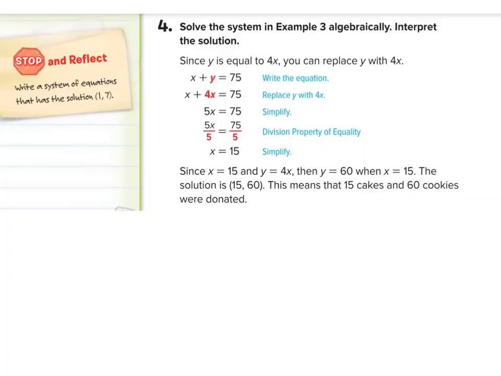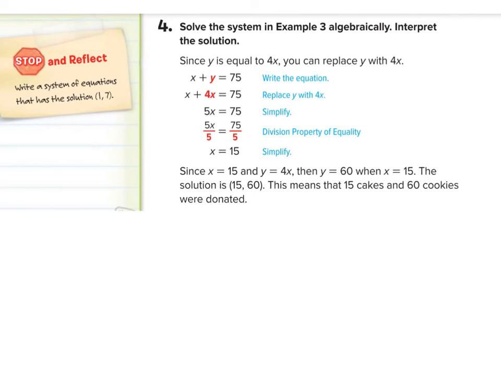Number 4 says solve the system in example 3 algebraically and interpret the solution. So since y is equal to 4x, you can replace y with 4x. So x plus y equals 75, replace the y with 4x, which turns into x plus 4x equals 75. Combine like terms. x plus 4x is 5x. 5x equals 75.